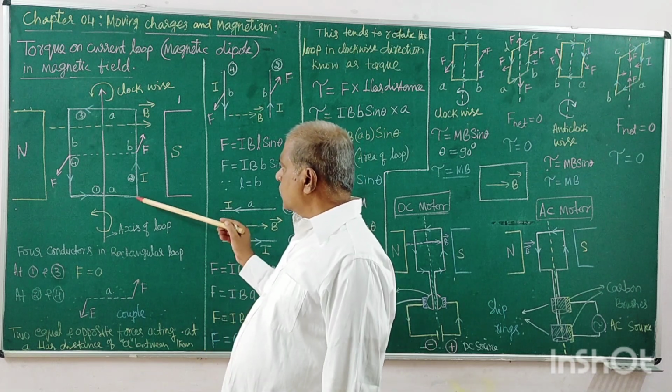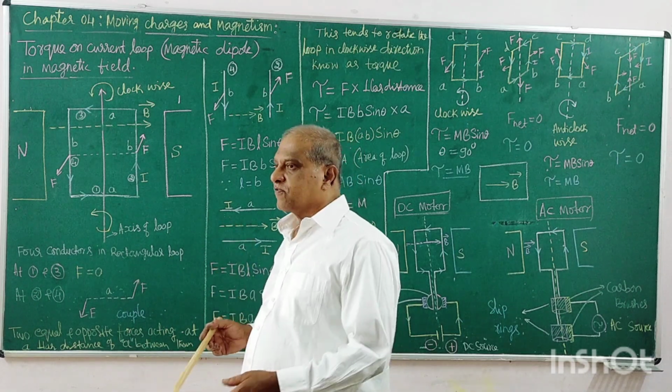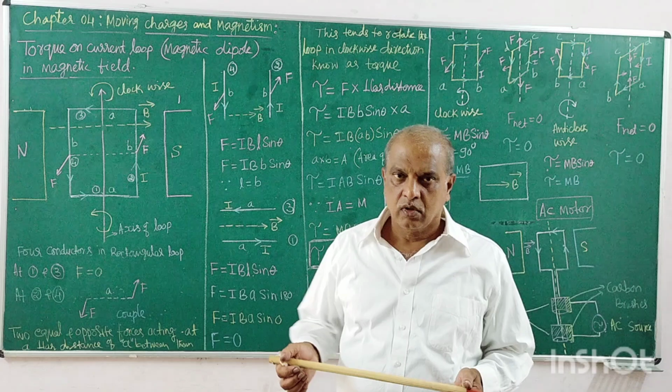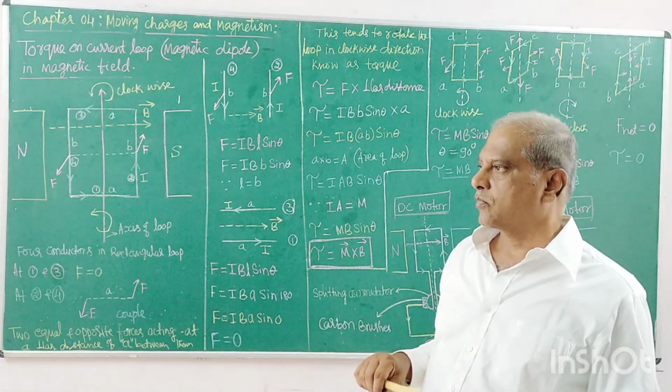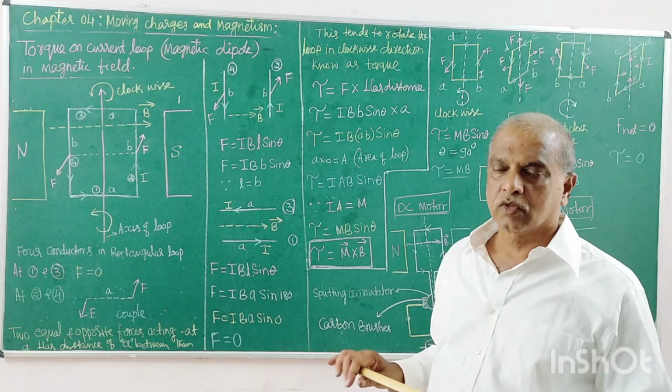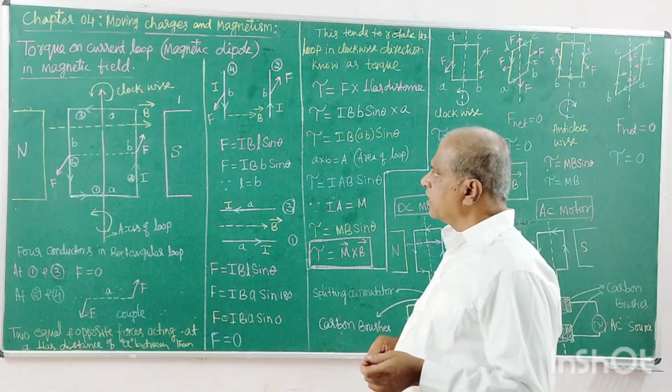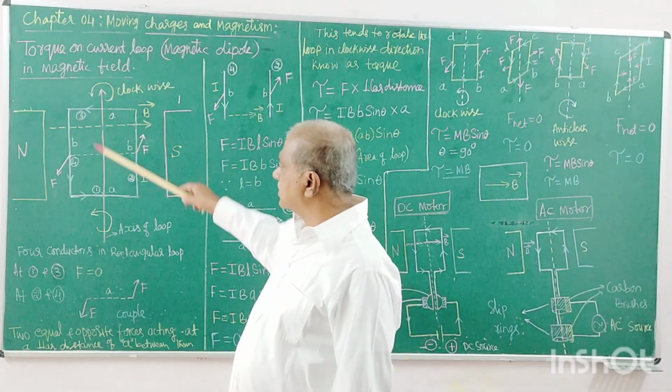If we place this loop in the external magnetic field, it gets rotated about its axis.